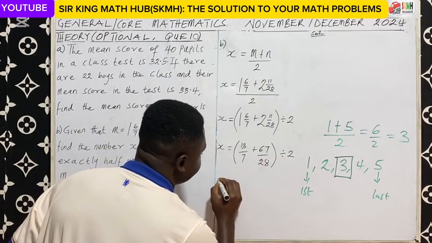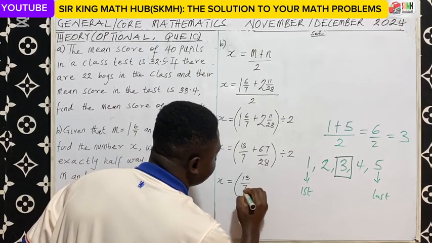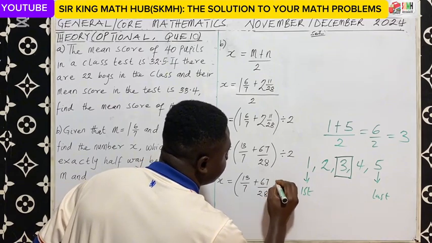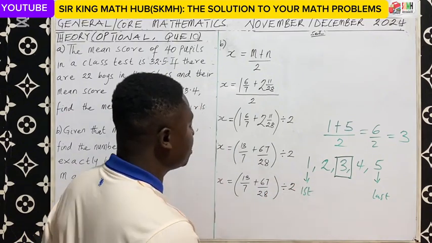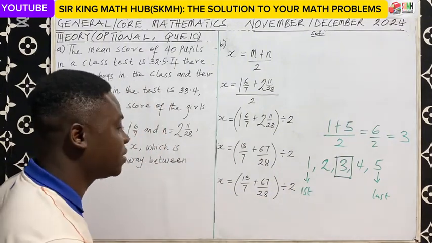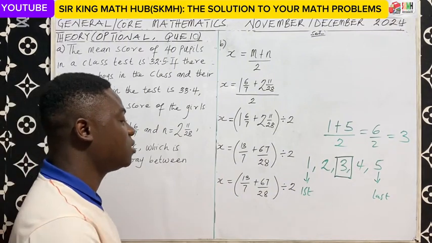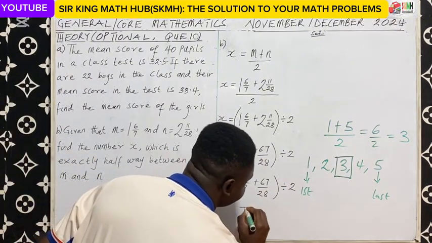The next step, now we have two unlike fractions. 13 out of 7 plus 67 out of 28. So to add the two unlike fractions, we need to find the LCM.